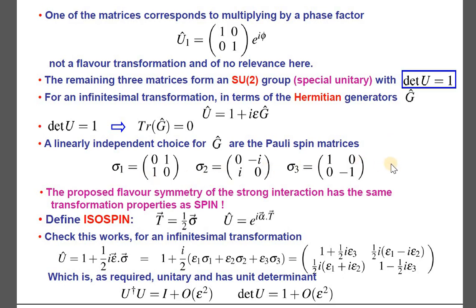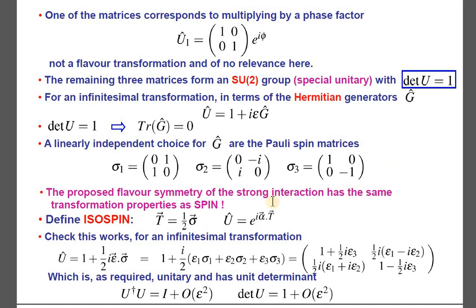These are written here. The proposed flavor symmetry of the strong interaction has the same transformation properties as spin. Sometimes you might find that I am repeating the same things. This is also to point out the relevance and the importance of what we are learning here.